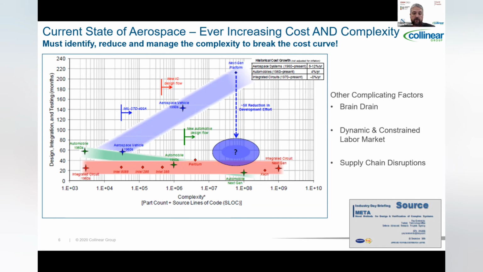Along the horizontal, you have one function of what they're calling complexity, so part count or source lines of code embedded in these technologies. The blue is aerospace, and it goes up and up and up. In the green, you have automobiles, and what that's saying is that complexity is actually increasing while the cost is decreasing. In the red, we have semiconductors. They've stayed relatively flat as each successive generation adhering to Moore's law comes out, so roughly their costs have been staying consistent.